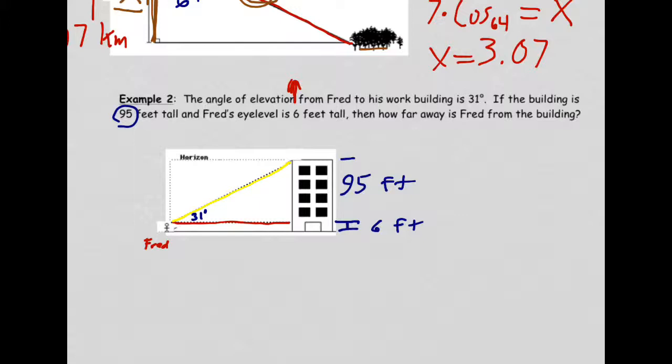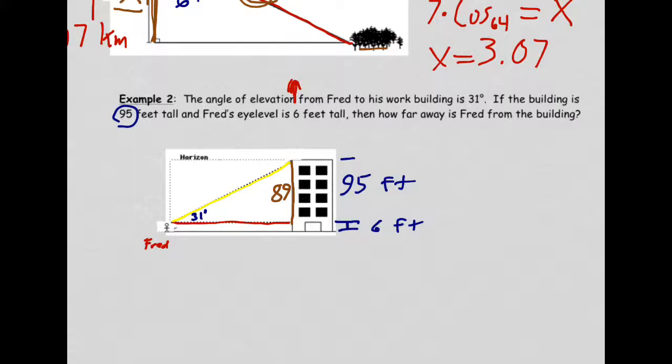So the side of this triangle is going to be 95 feet minus 6 feet, which is 89 feet.